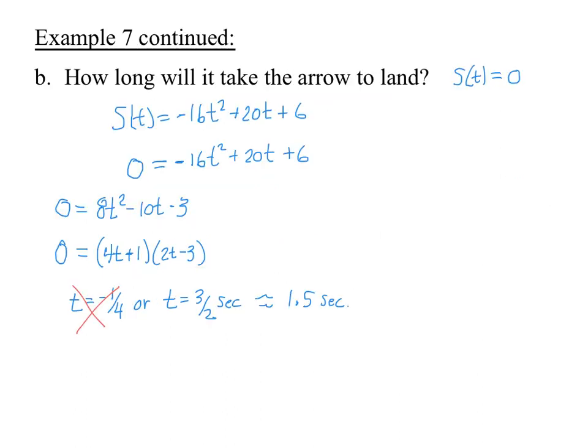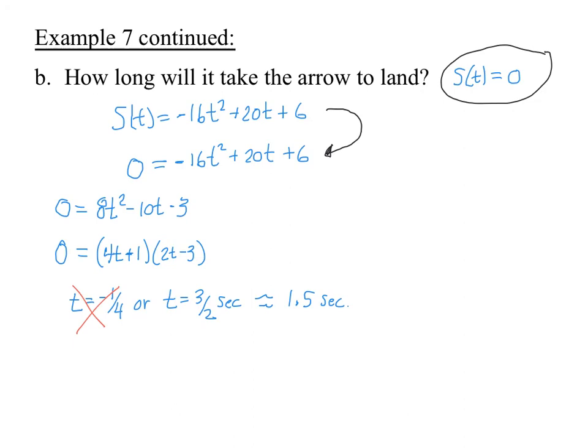Now the question asks, how long will it take the arrow to land? So we notice that to land, s of t has to equal 0. So here's our original formula. We set s of t equal to 0. We get negative 16t squared plus 20t plus 6 is equal to 0.